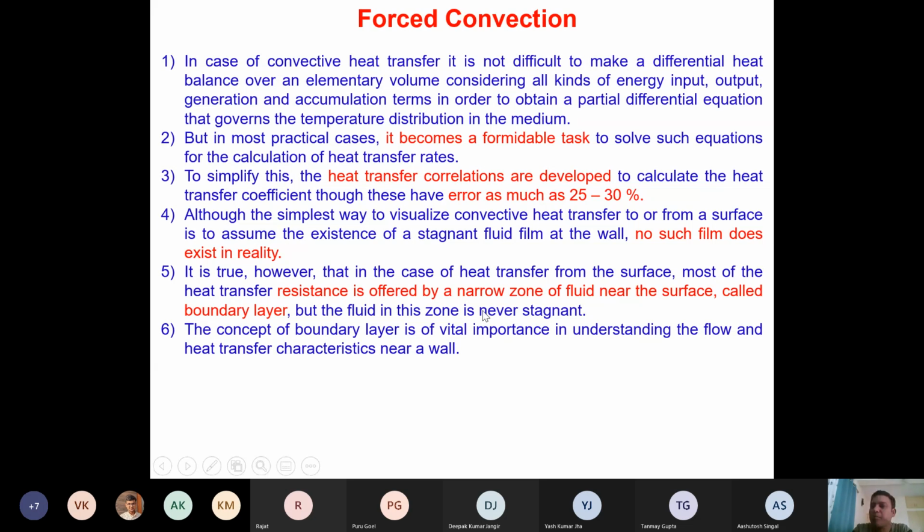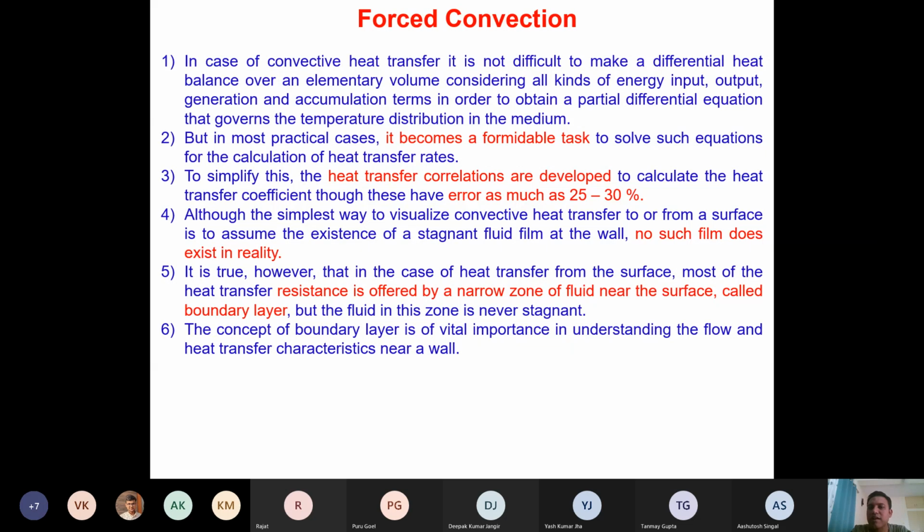One of the ways people use to circumvent this problem is to use the heat transfer correlations. So heat transfer correlations are the correlations based on the experimental data. You can directly calculate the value of the heat transfer coefficient without solving the velocity problem. So that eases your heat transfer problem significantly.